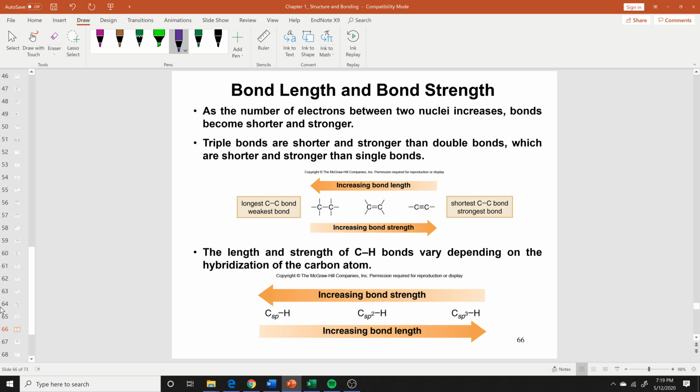With respect to the bond strength, normally sigma bonds are strong bonds. So sigma bonds, they are strong bonds. Double bonds, so the more you increase the double bond character, the shorter becomes the bond.